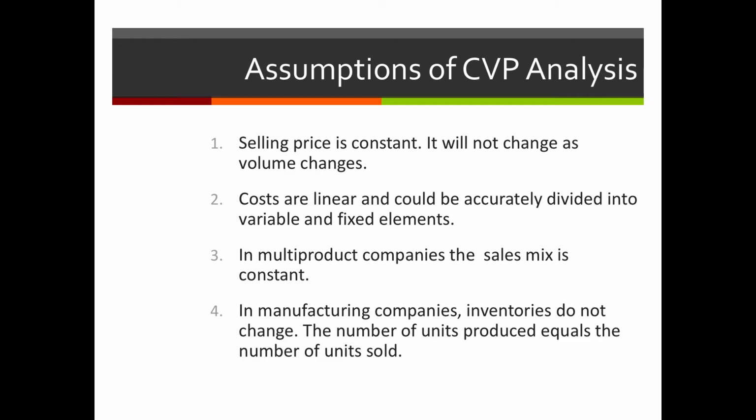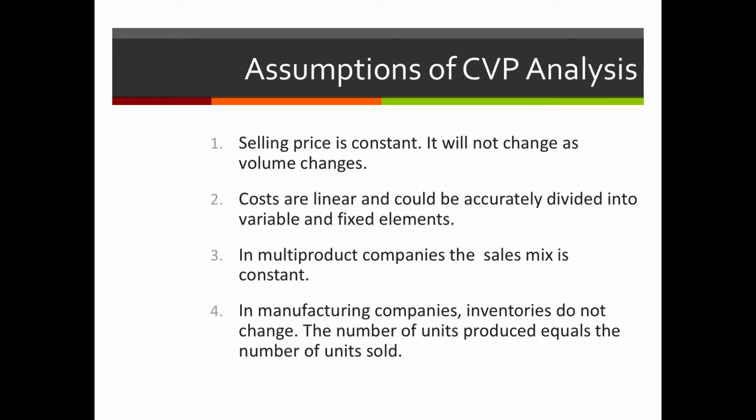When you are talking about multi-product companies, the sales mix is constant, right? Remember, we will not always work with a company with a single product, okay? I mean, if you have a restaurant and you're selling pizza, maybe you are also selling pasta, let's say, paninis. So if you have multiple products, the sales mix will be constant.